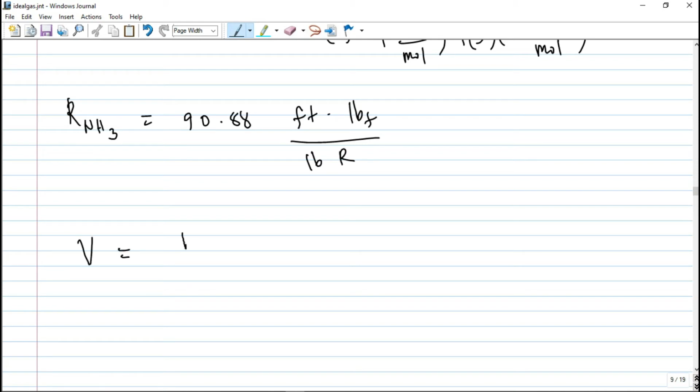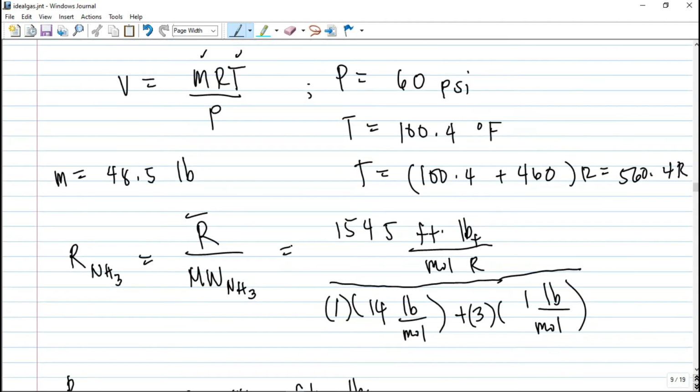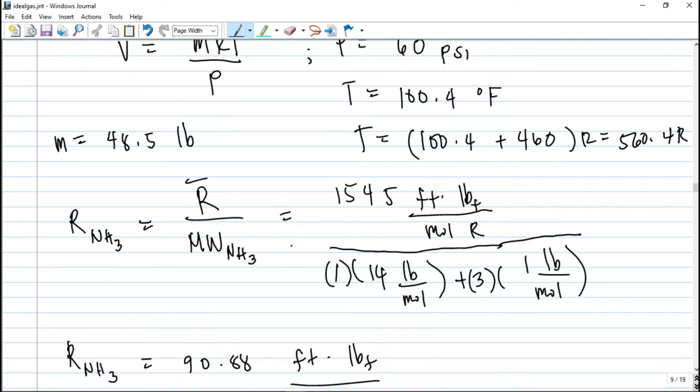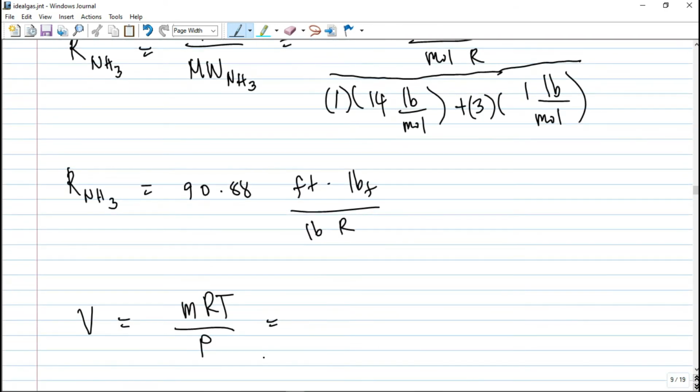So V is equal to MRT over P. So yung M natin from the problem, that is 48.5 pound mass times R natin, that is 90.88 foot pound force per pound mass Rankine.